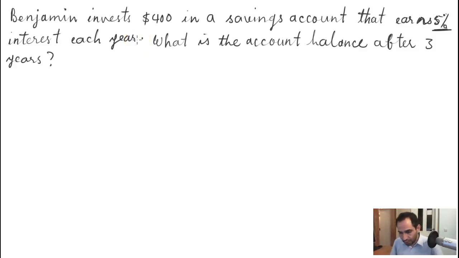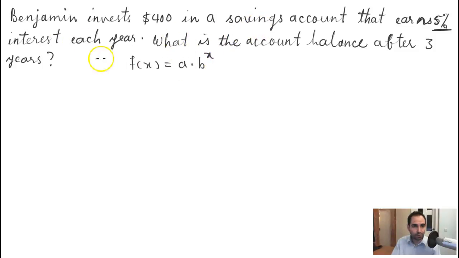After 3 years, because this is an exponential function, you can simply use the formula f of x is equal to a times b raised to the power x, where x is the number of years.